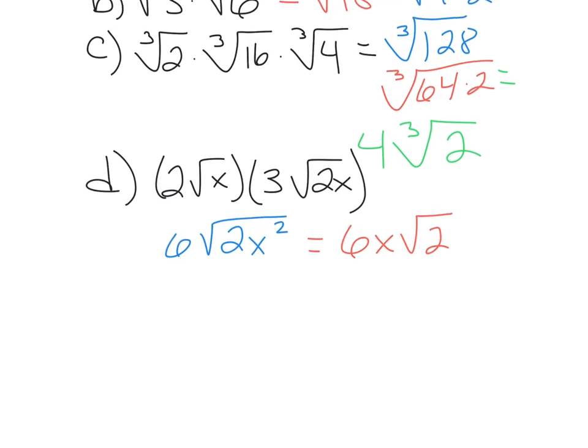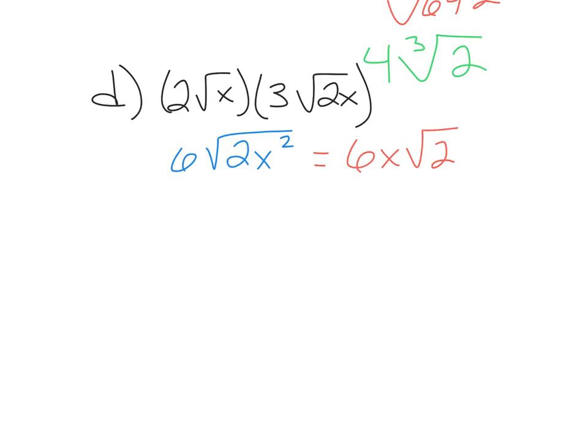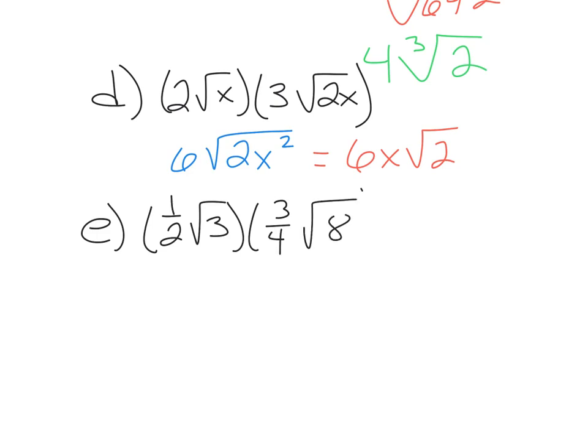Letter E says 1/2 times the square root of 3 times 3/4 times the square root of 8. And this looks a little complicated with the fractions, so you really have to know your fraction rules. These are the coefficients, so we're going to multiply 1/2 times 3/4.